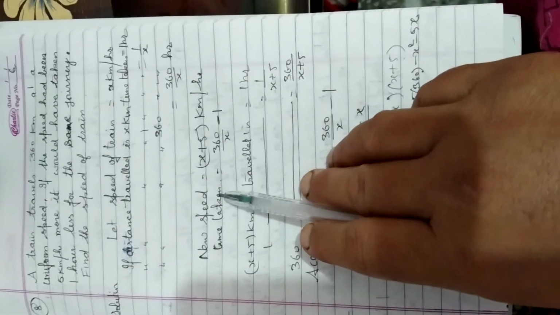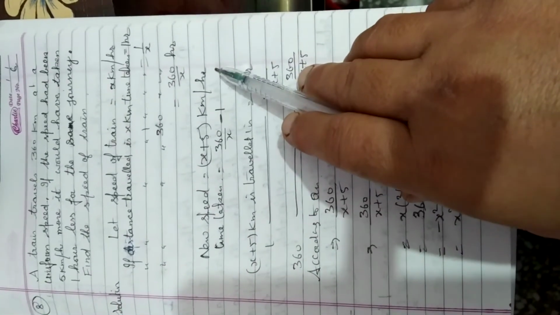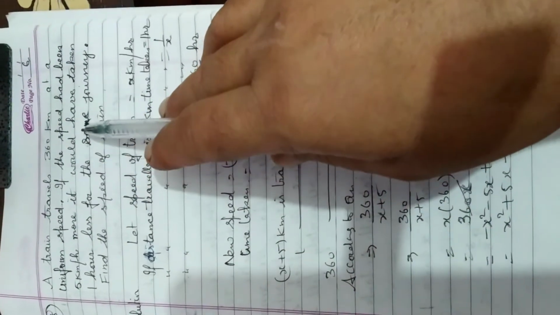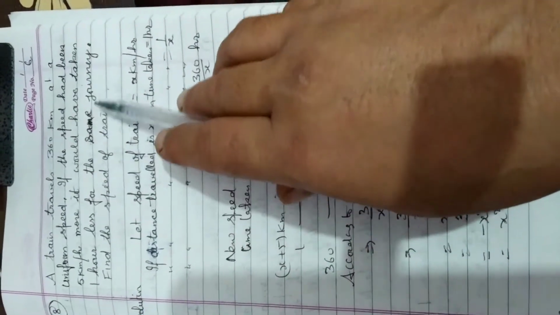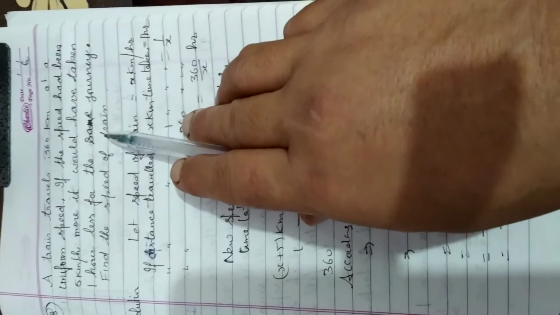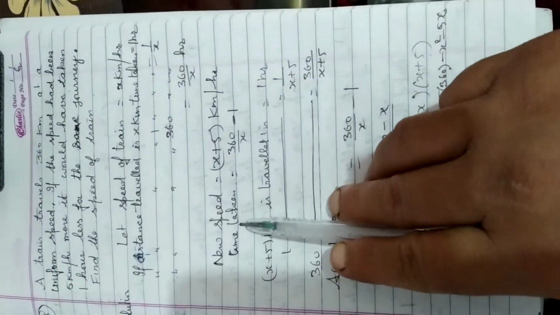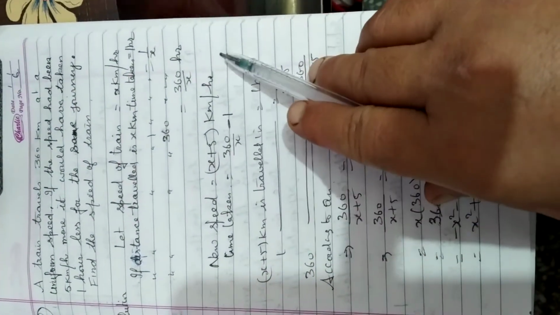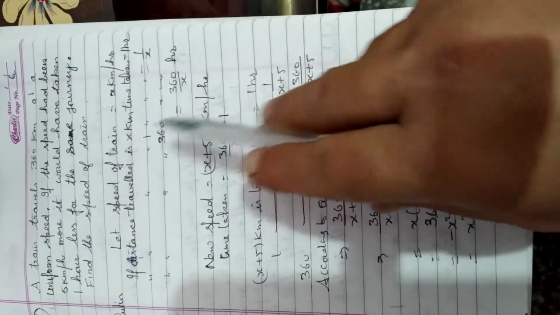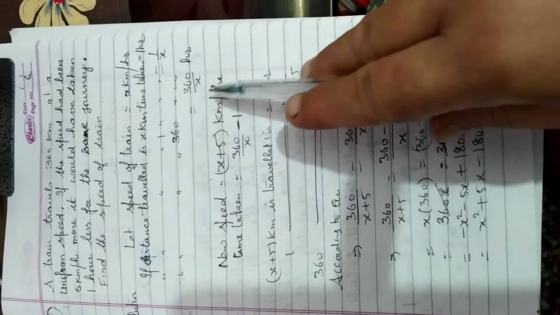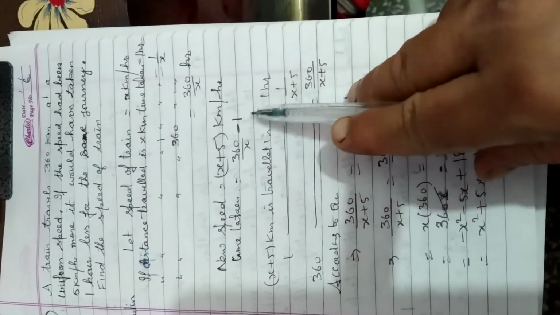Now the new speed is x plus 5 km per hour. What is given? If the speed had been 5 km per hour more, it would have taken 1 hour less for the same journey. Then time taken is 360 by x minus 1, because the time reduces by 1 hour.